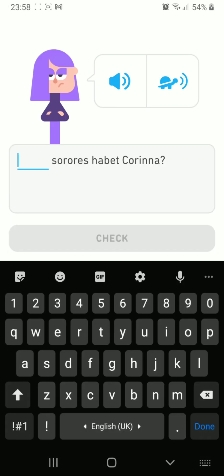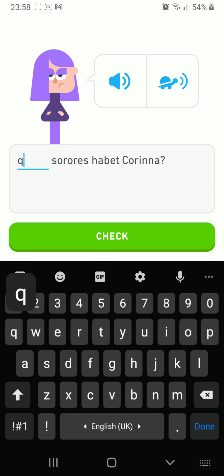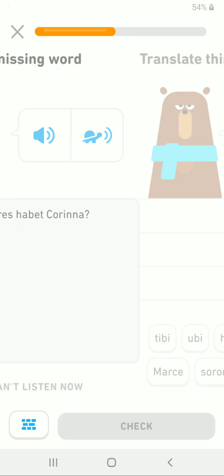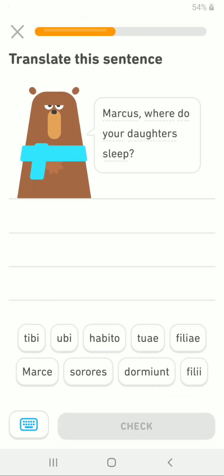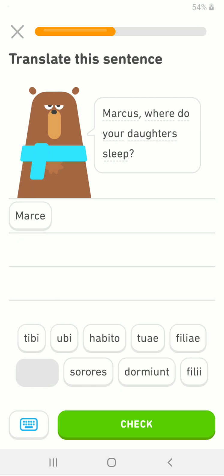Quot sorores habet Corinna. Quot, this is how many. How many sisters does Corinna have? And Marcus, where do your daughters sleep?